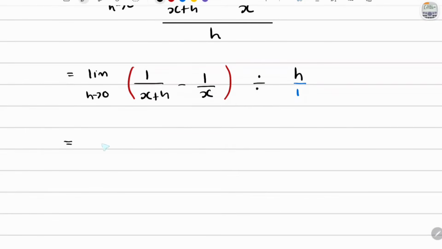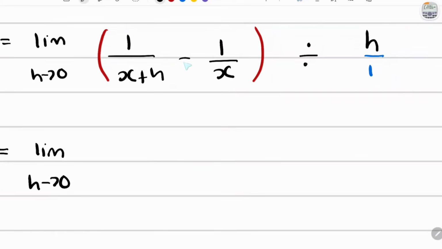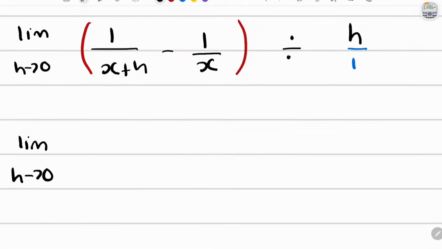Okay, so that's what we have. And then this is equal to, we're still going to have the limit as h approaches 0. And now we have to work on this fraction. So do you see that you're subtracting in a fraction? When adding or subtracting in fractions, you need to make sure that the denominators are the same. So how would we make the denominators the same?